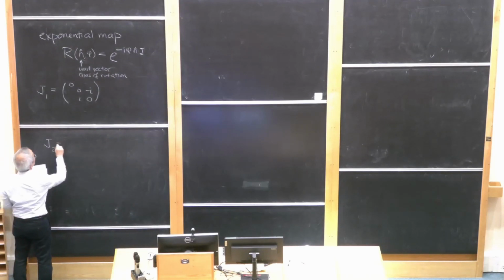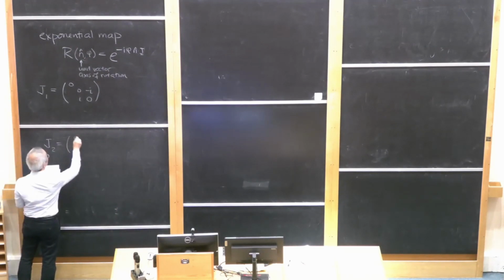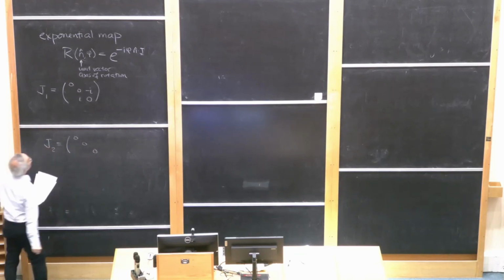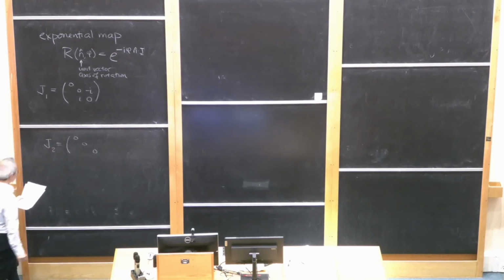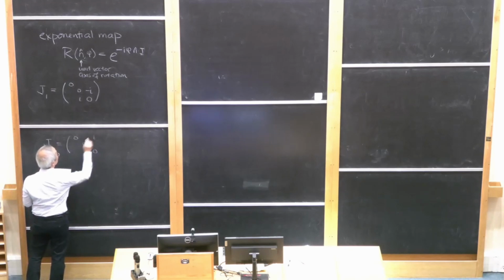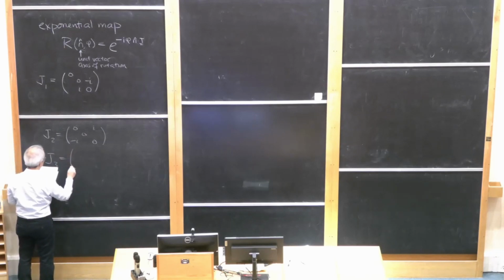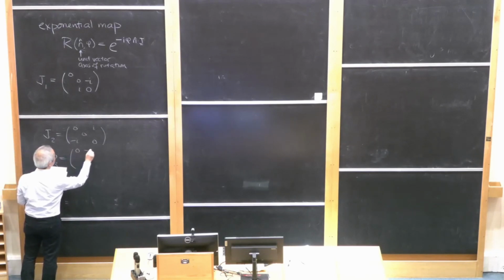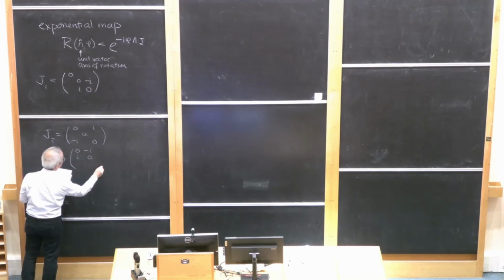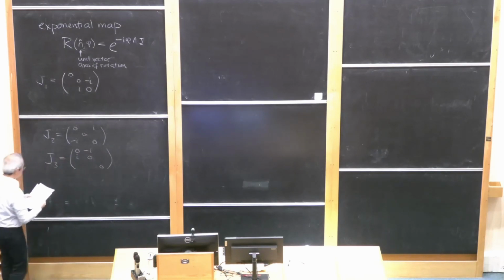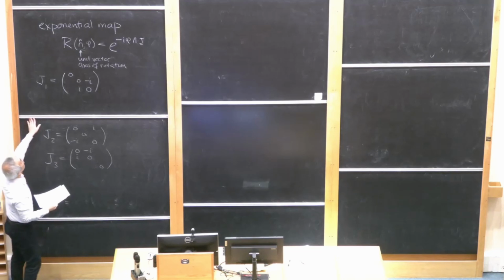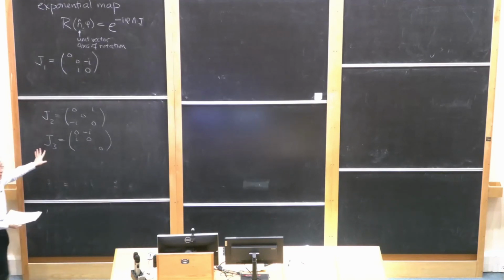J2 is, again, a matrix where the diagonal elements are 0, with i and minus i here. And then J3, with 0, minus i, 0, and then 0. Okay, so when writing down these matrices, I've actually selected a basis.